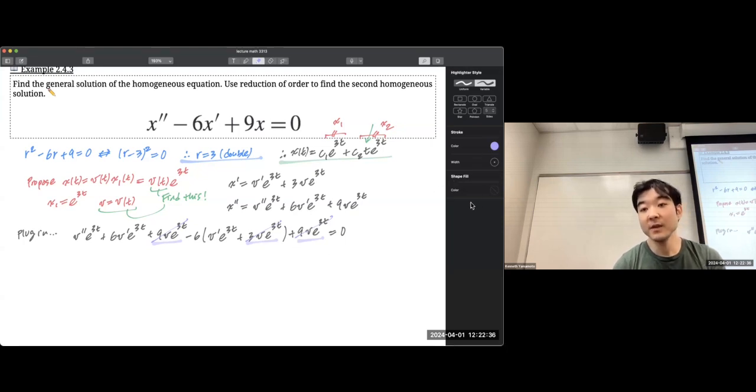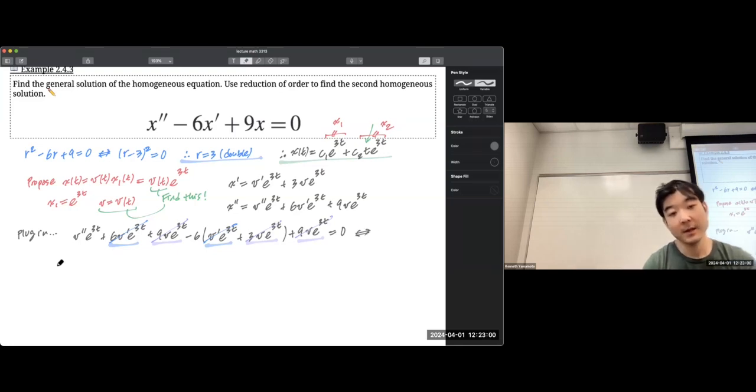The v prime terms are here and here. These will generally not cancel, but in this problem they do, because the negative 6 distributed to this and the 6 are positive and negative, so those cancel. That doesn't happen all the time, but it does in this case.